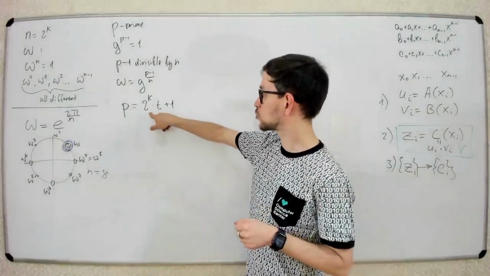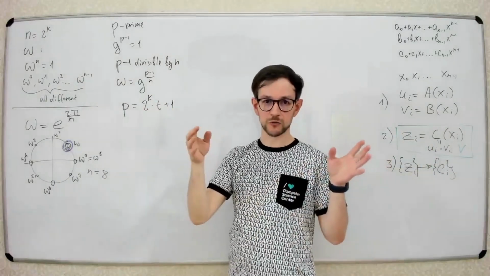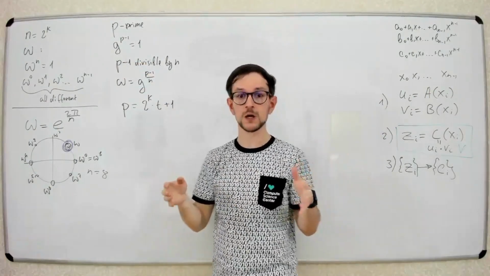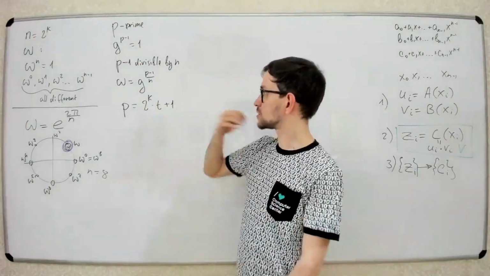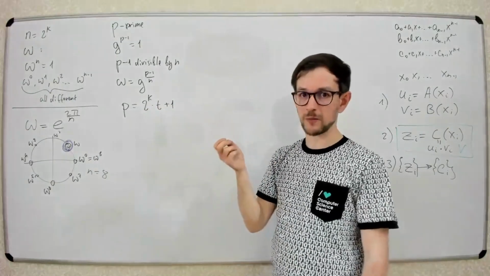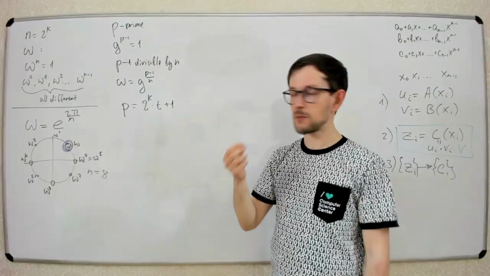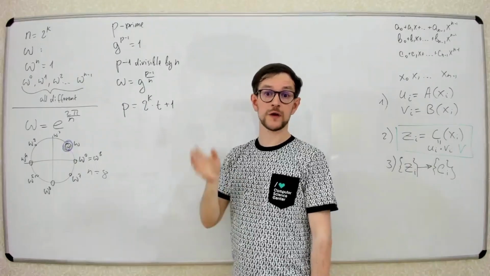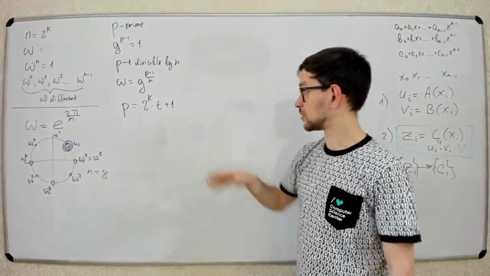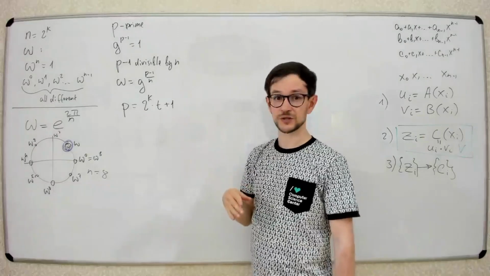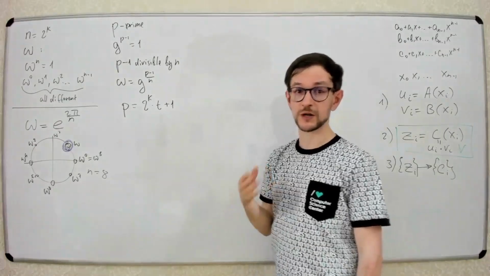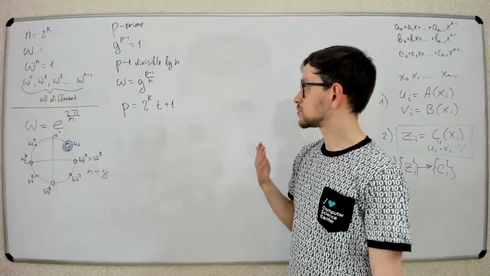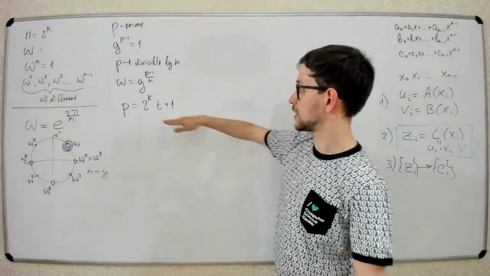Again, 2 to the power k is a power of 2 which is bigger than my initial size of polynomials. Fortunately, there are some prime numbers like this, so it's usually not a big problem. But again, the fast Fourier transform is not working for any prime modulus. It's working only for prime moduli like this.